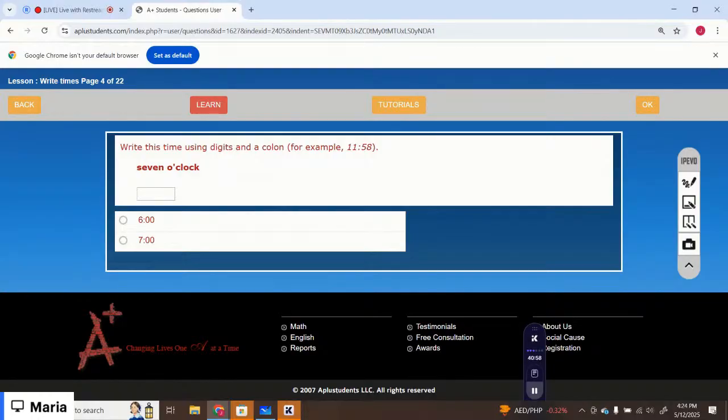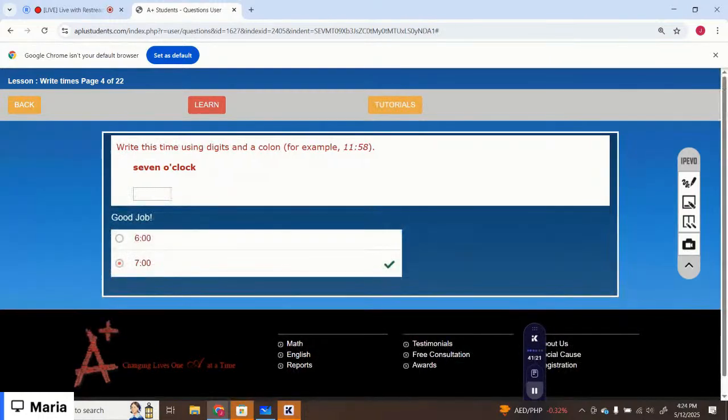Write this time using digits and a colon. 7 o'clock. Option number two is the correct option. That is 7 o'clock.